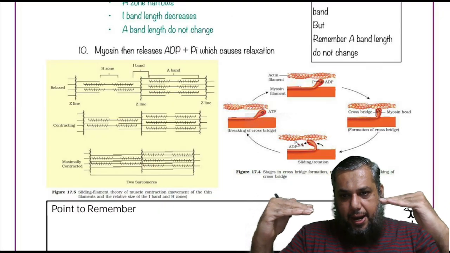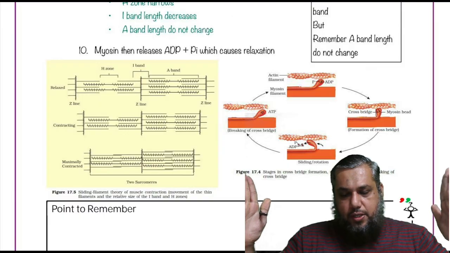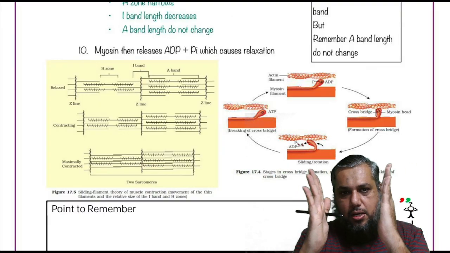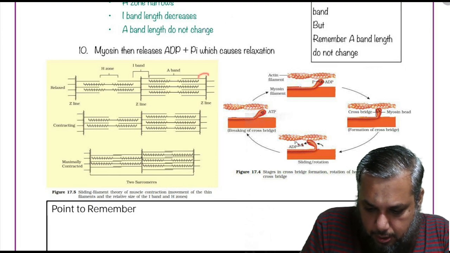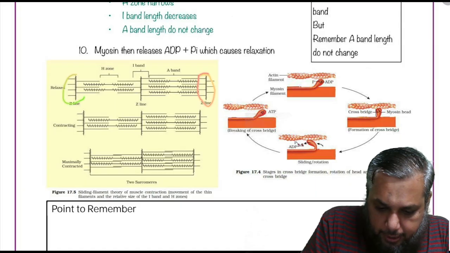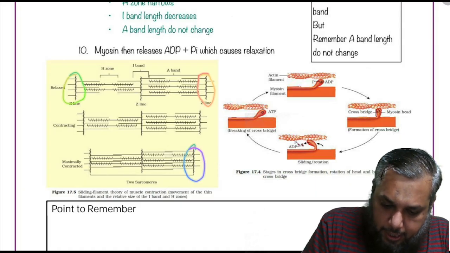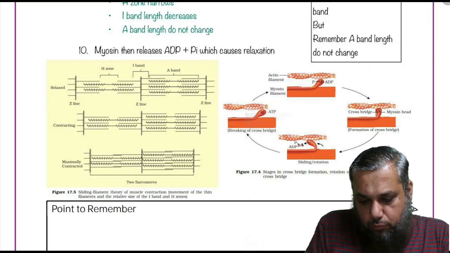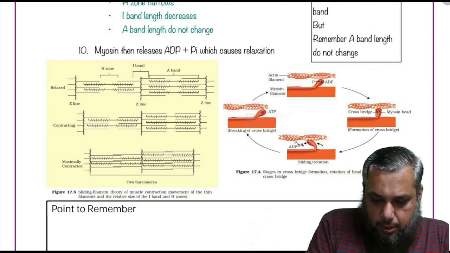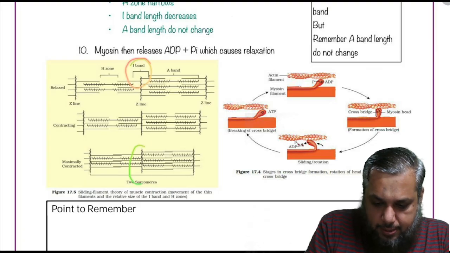As the actin will slide inside, it is attached to the Z lines, so the Z lines will also come inwards. As a result of which we see, in a relaxed state and in a contracted state, compare the position of the Z lines. The Z lines have moved inward. The I band has disappeared.